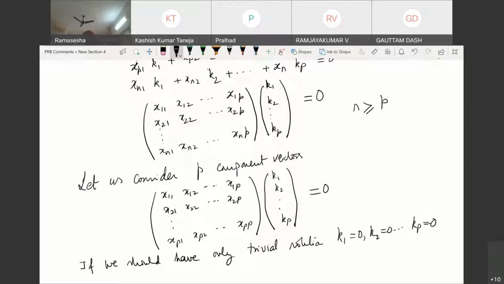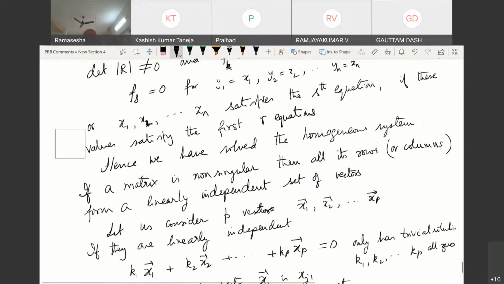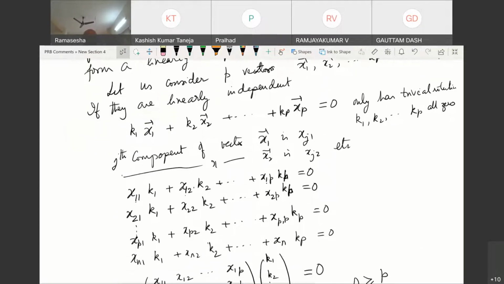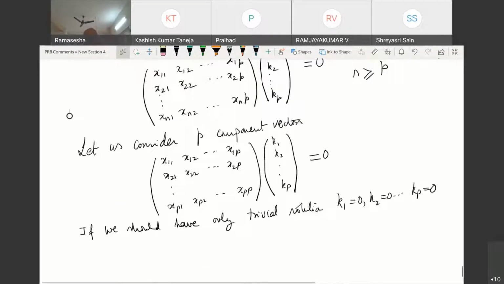What does the trivial solution mean for the vectors x1 to xp? What does it mean for the vectors x1 to xp if in this summation you only have a trivial solution? Linearly independent. They are all linearly independent, right? Okay.